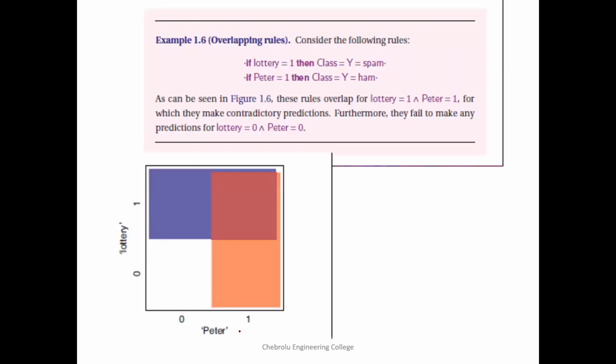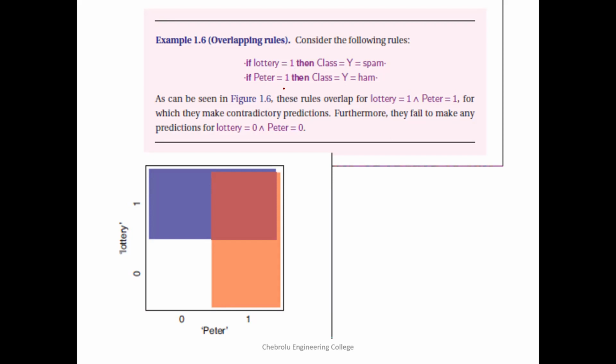Let us see now an example. Consider the following rule: if lottery is equal to 1, then class Y is equal to spam.